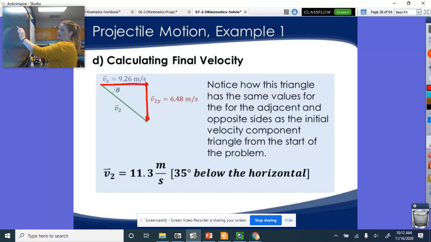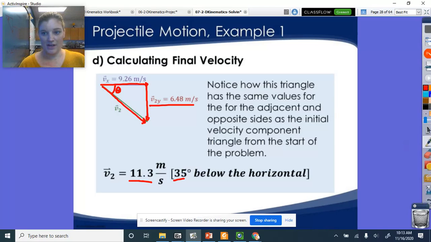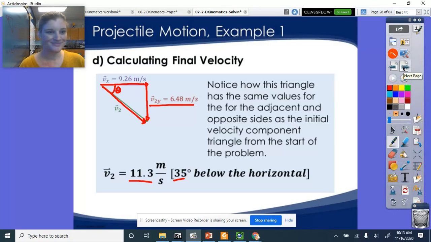It's just that our y is now going in the opposite direction. And so since we have the same magnitudes, the magnitude of that final velocity is going to be the exact same. And they gave that to us. They gave us 11.3. And then you could technically solve for theta, but if all three sides are the exact same, your theta is going to be the exact same as well. So we took that starting triangle where they gave us most of the information for it, and that's everything you need at the very end too. No math needed. Yay.